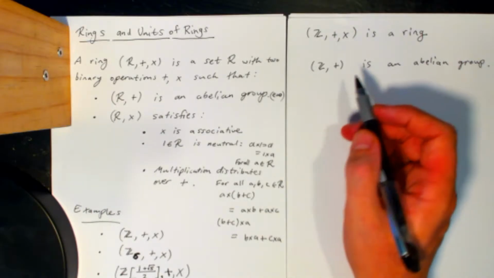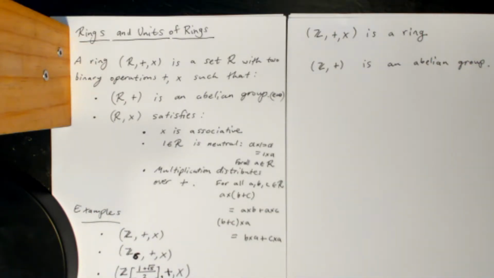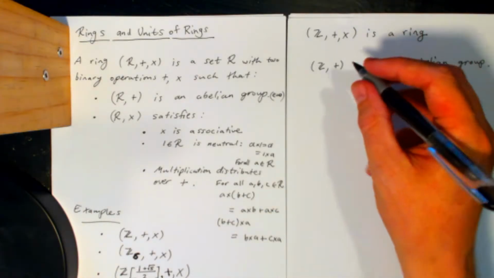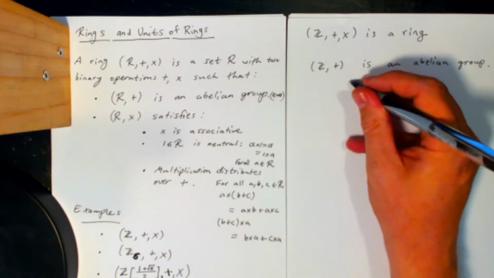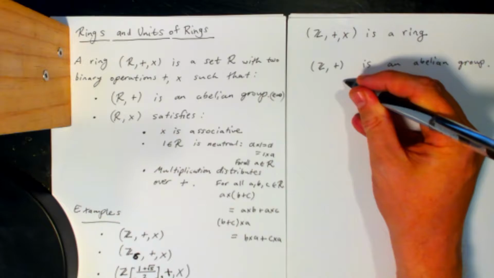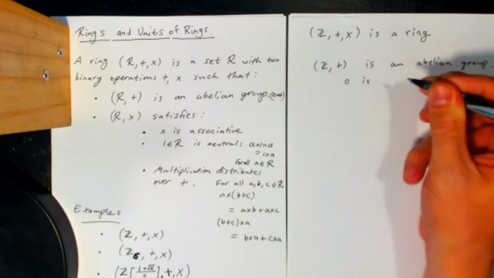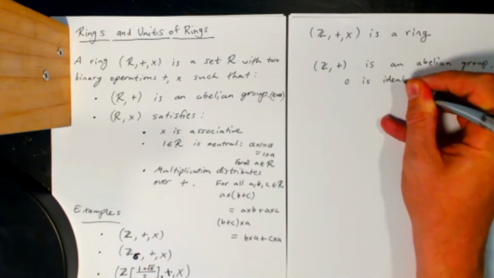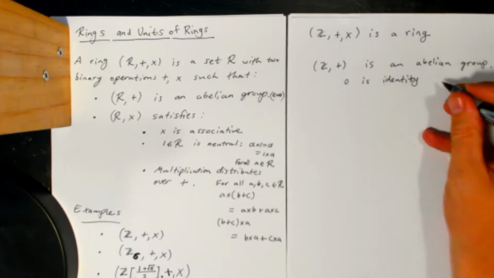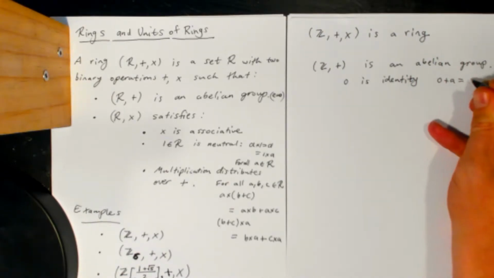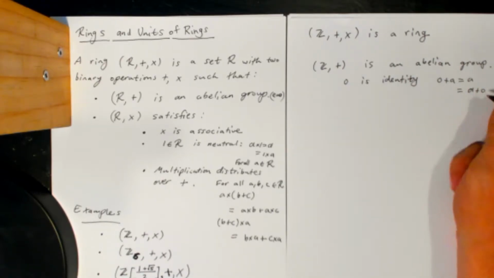In other words, A plus B is equal to B plus A. Okay, so the identity of this group is 0. So 0 is identity because 0 plus A is equal to A, which is A plus 0.